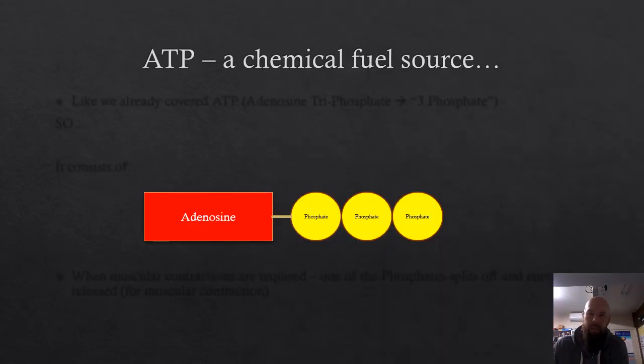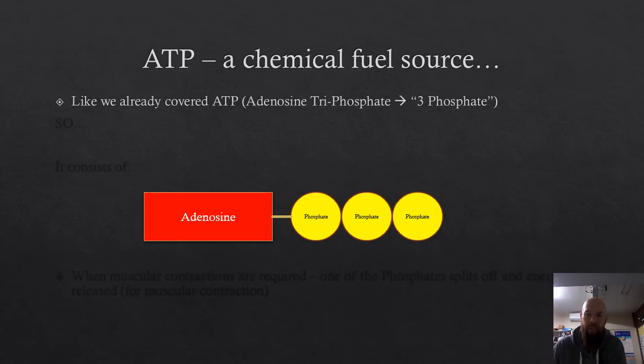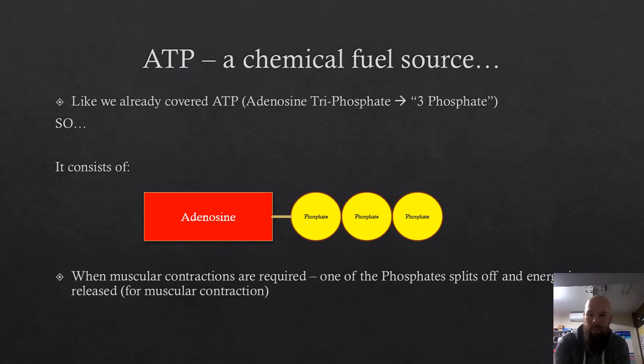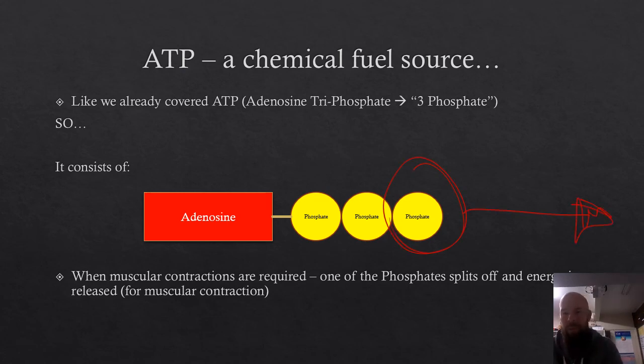So, ATP stands for adenosine triphosphate. And that's what it looks like. You have your adenosine, you have your 3 phosphates. So what happens is when muscular contractions occur, one of those phosphates, let's say this phosphate here, splits off, and there's a burst of energy, and the contraction happens.